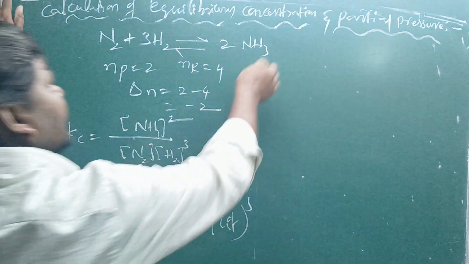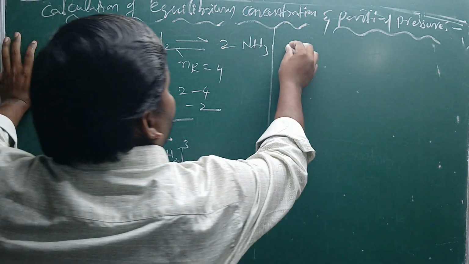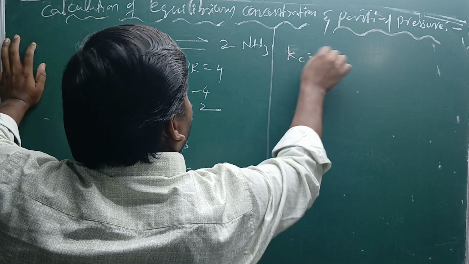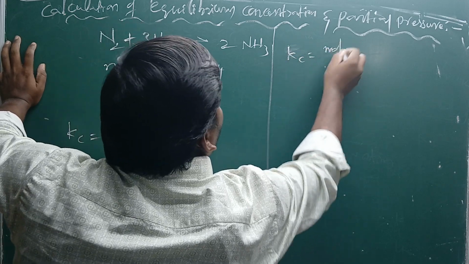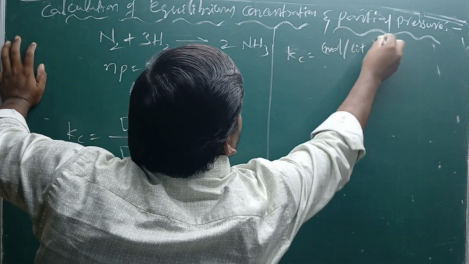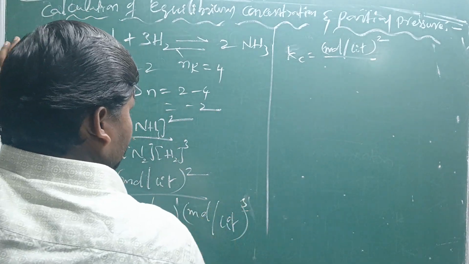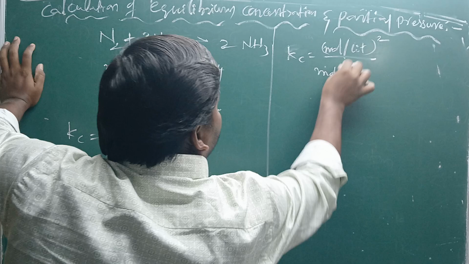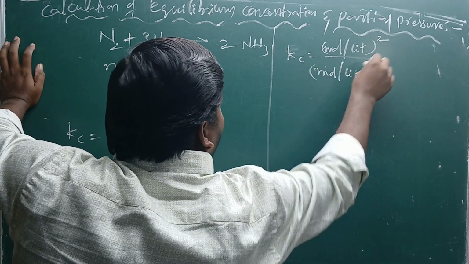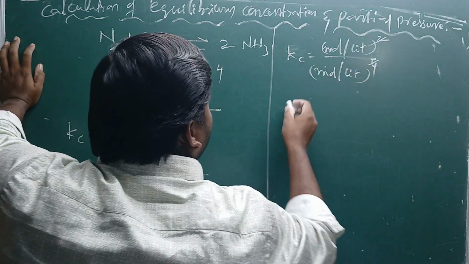Now what happened here? Kc is equal to mole per liter whole square by mole per liter whole power 4. These two are cancelled.